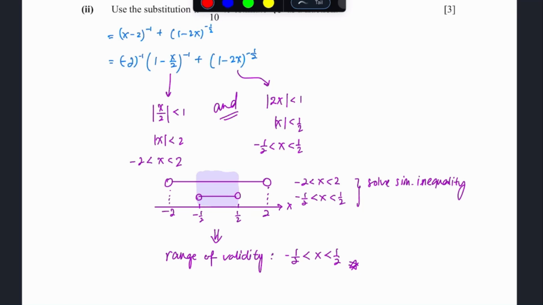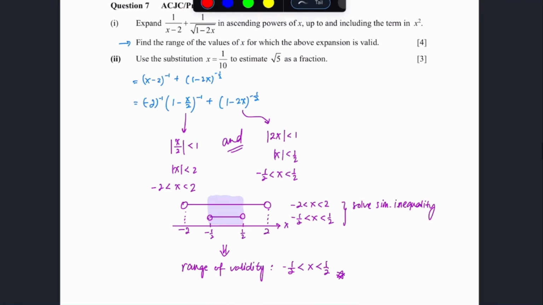Okay, the final one. Using the substitution to estimate root 5, we substitute 1/10, left hand side, right hand side. Then we will make root 5 the subject somewhere. Remember, don't reciprocate.